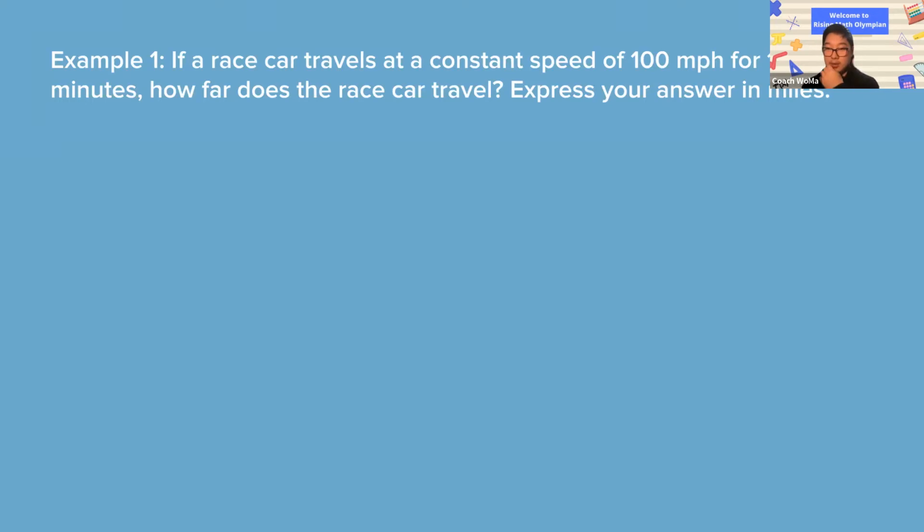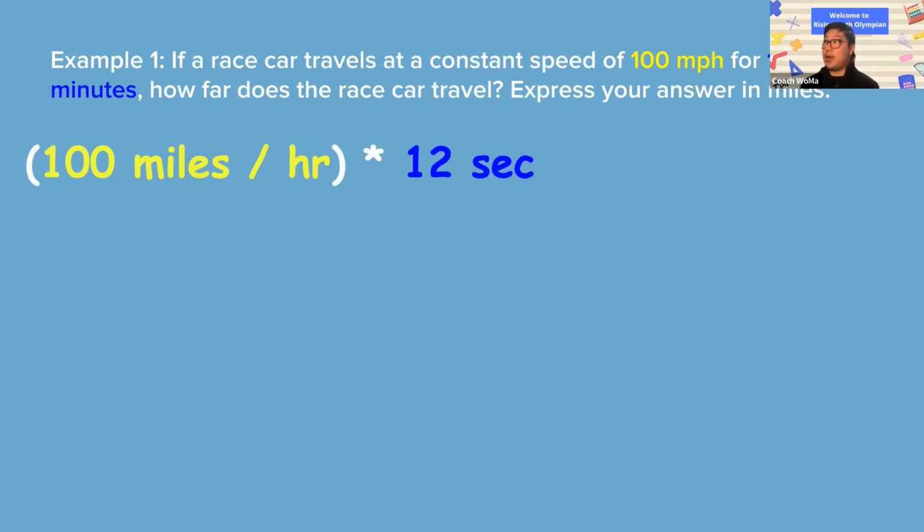All right, so let me start going over this. The things to highlight. This is also something I want to start doing with you guys. When you see problems, there are certain keywords to look at. So in this case, 100 miles per hour, that is the rate. And then you have 12, ignore me saying seconds, that's minutes.